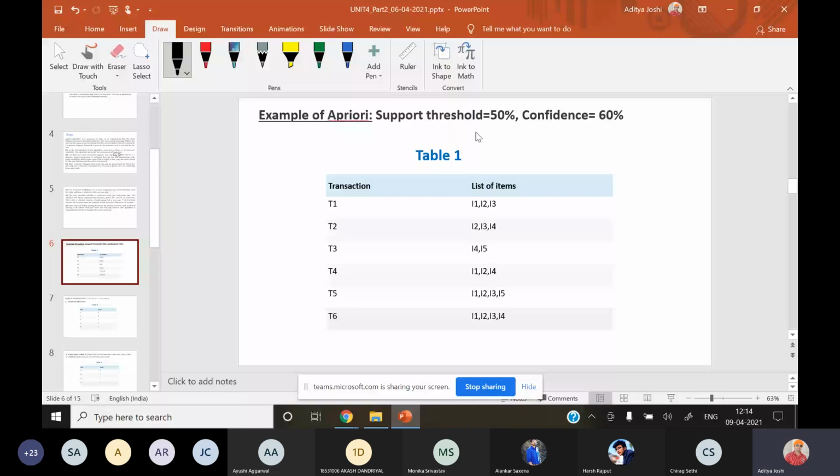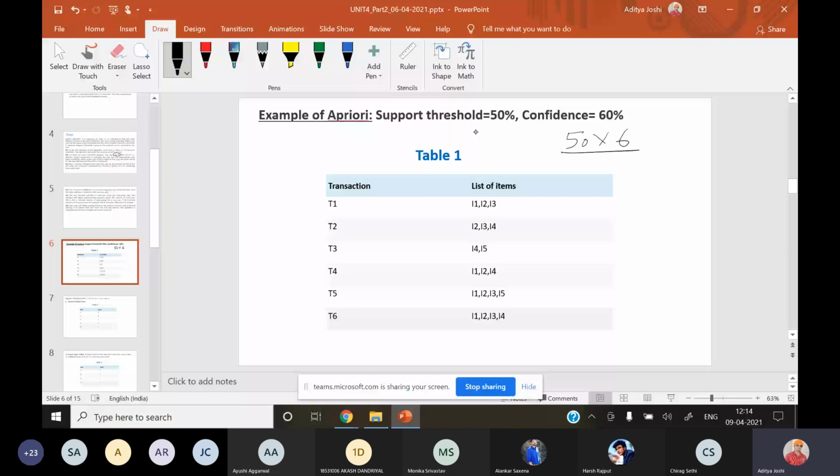The minimum support count is calculated from the support threshold you have given, 50%, right? So you have to calculate the minimum support count by 50 into the number of transactions. The number of transactions is 6, divided by 100, right?